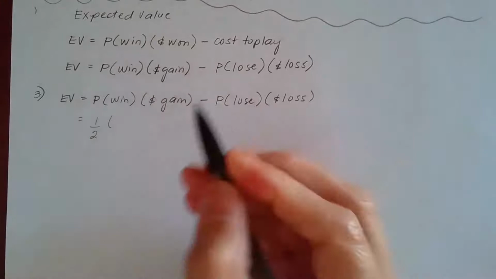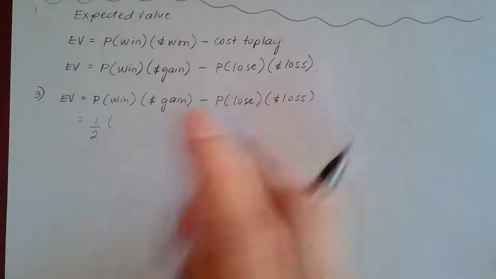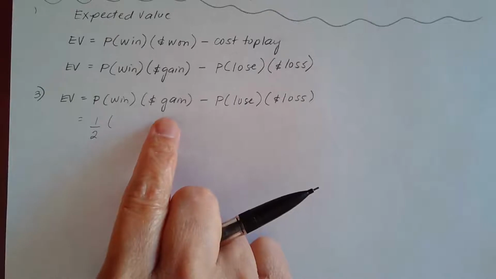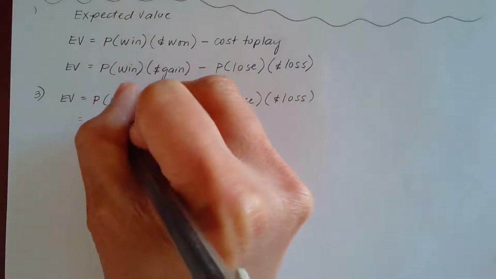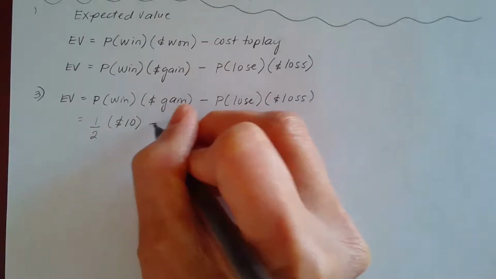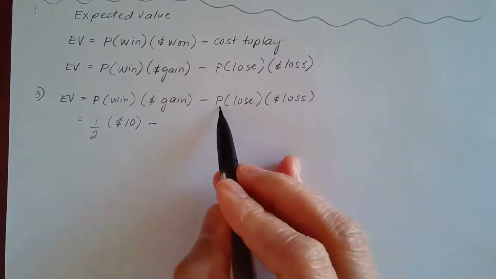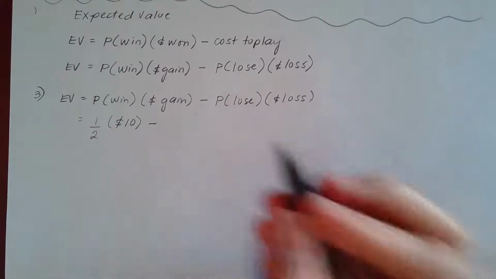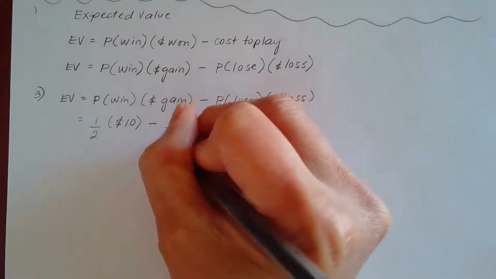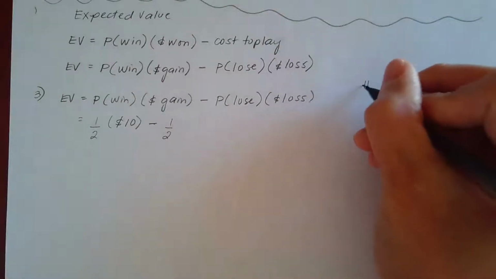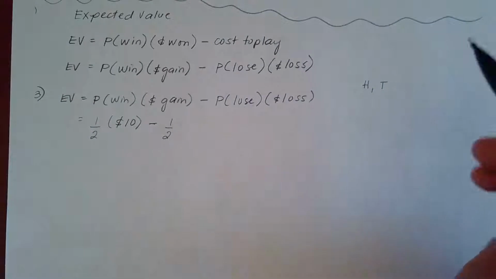And how much am I going to gain? Well, if I get the head, I'm going to gain $10. Minus, okay, what's the probability that I'm going to lose? Well, I have a half chance of losing because the coin could either turn head or tail.